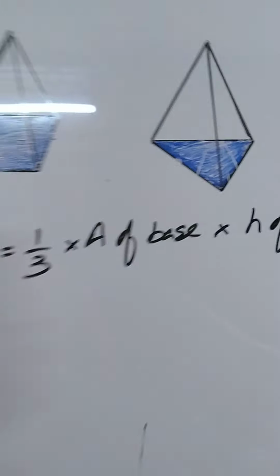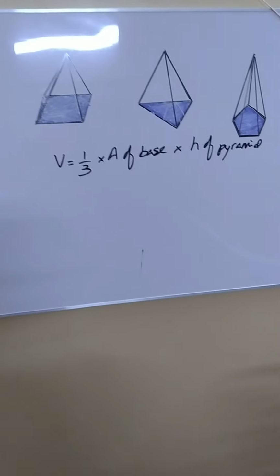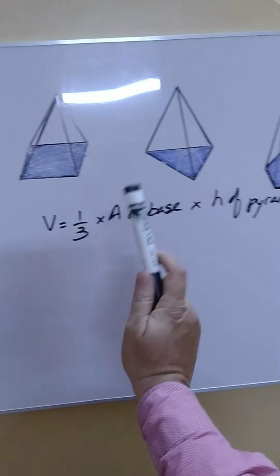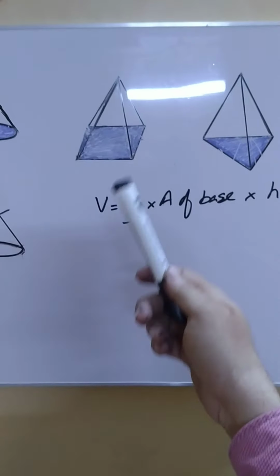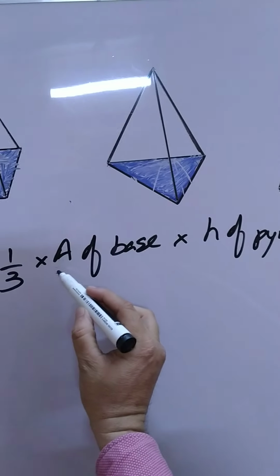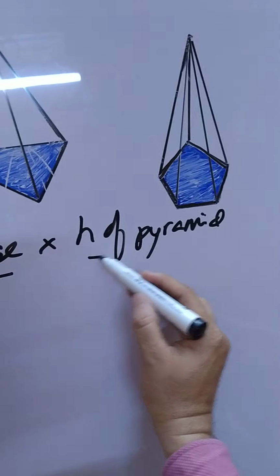So always guys, the volume of a pyramid depends on 2 things, the area of the polygonal base and the height of the pyramid, when we calculate the space occupied by the pyramid.